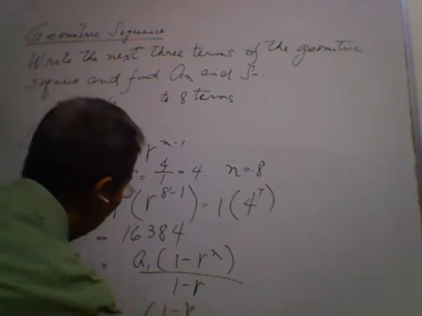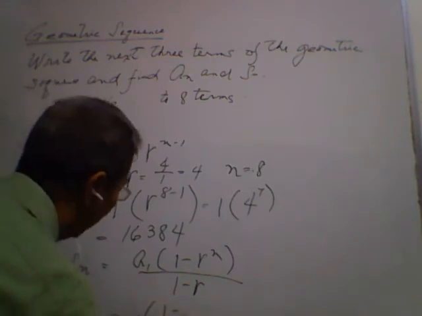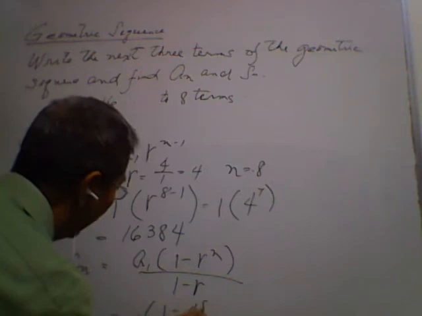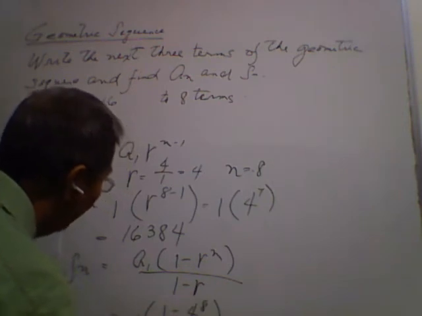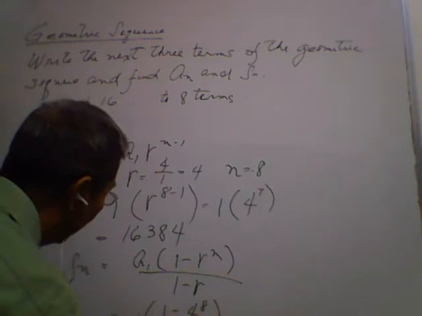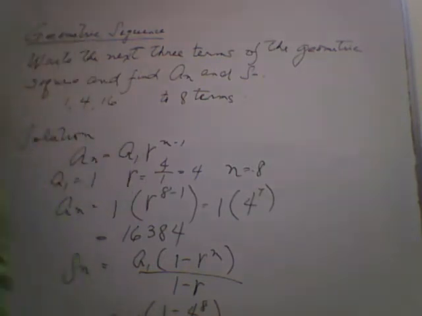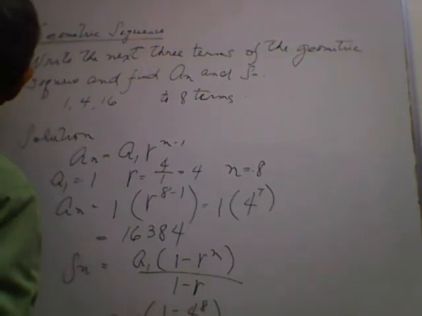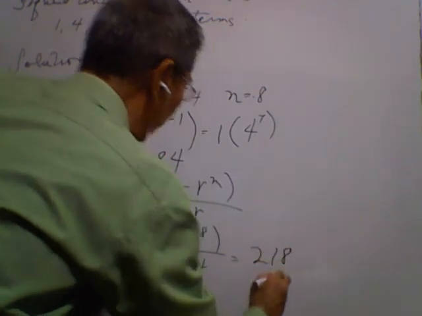So this R here, as you know, is 4 raised to 8, over 1 minus 4. So again, using your calculator, we're going to arrive at 21,845.